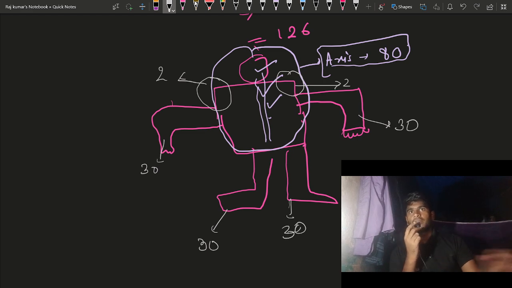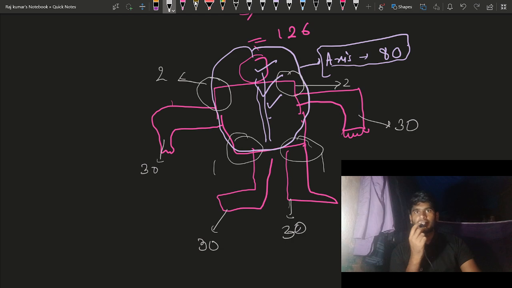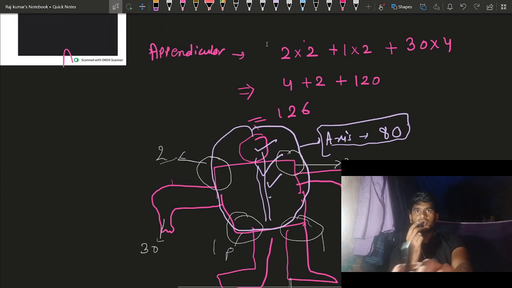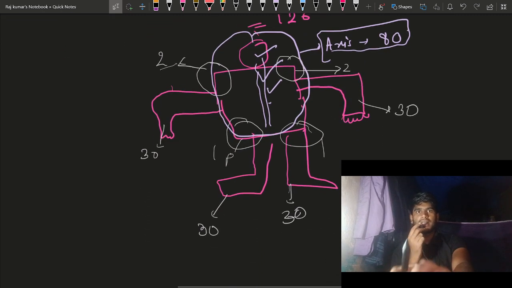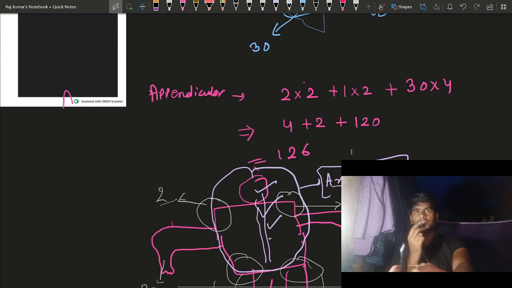And the pelvic girdle is 1. So when I write here, 2 into 2 plus 1 into 2 plus 30 into 4. Why? Because 2 hands and 2 legs, so 30 each. I hope you understood how it is 126 here.